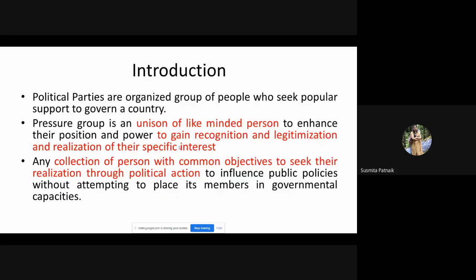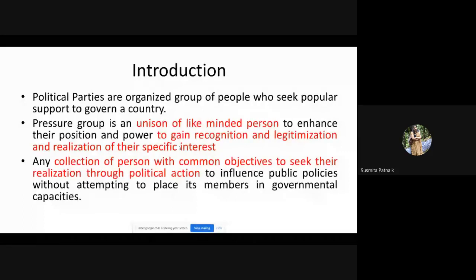As we know, there are varying differences between pressure groups and political parties. Most students are confused whether pressure groups are synonymous with political parties or not. But a political party is a generic topic.